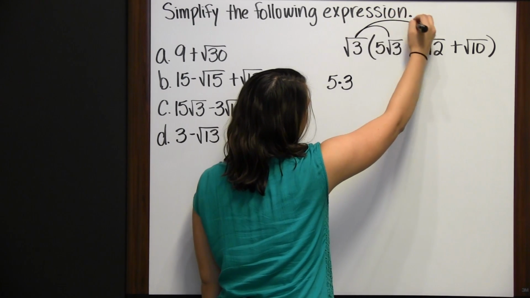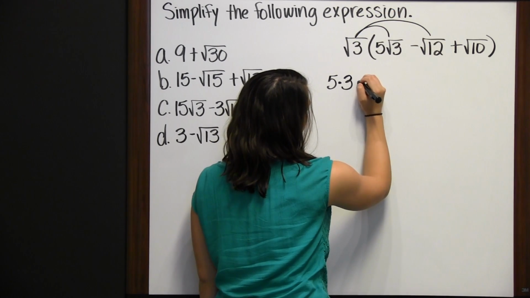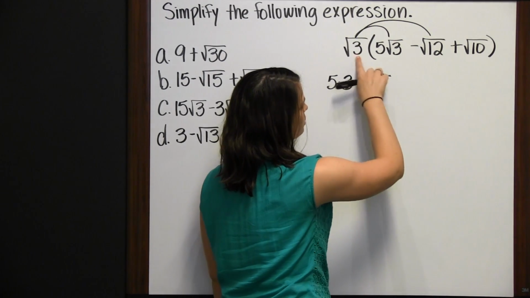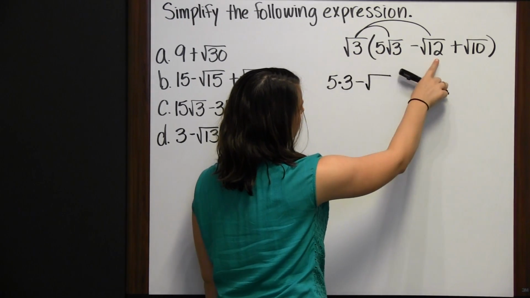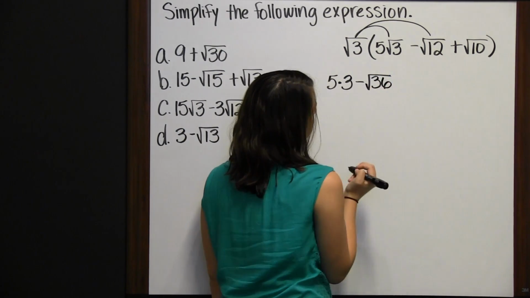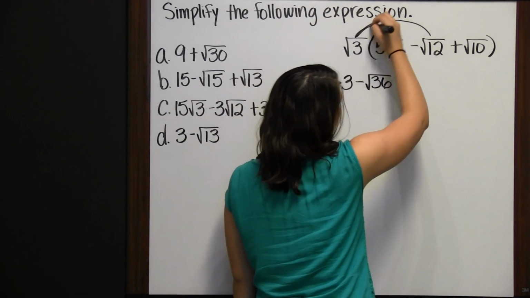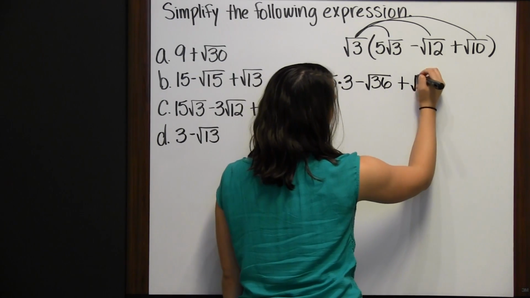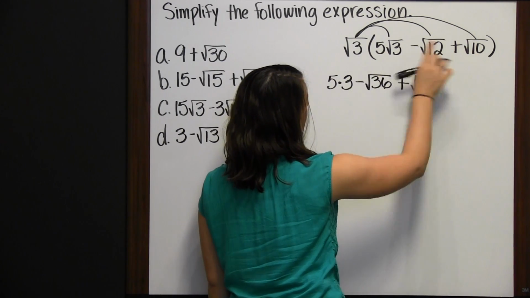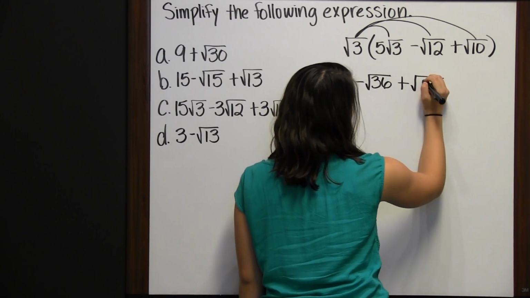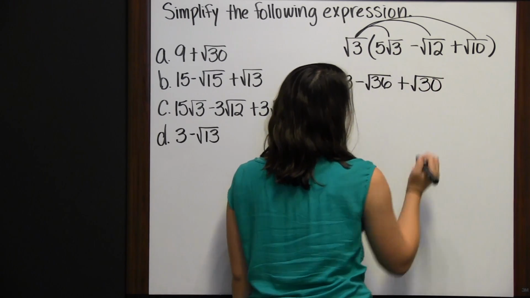The square root of 3 times the negative square root of 12 is the negative square root of, and you just multiply your numbers under the square root. So 3 times 12 is 36. And then the square root of 3 times the square root of 10. Again, we're just multiplying our numbers under the radical. 3 times 10 is 30, so the square root of 30.